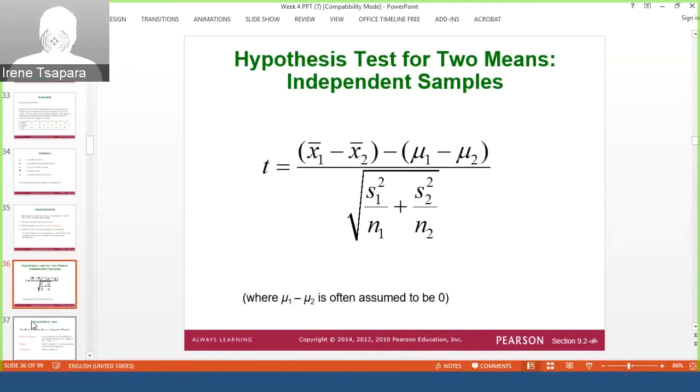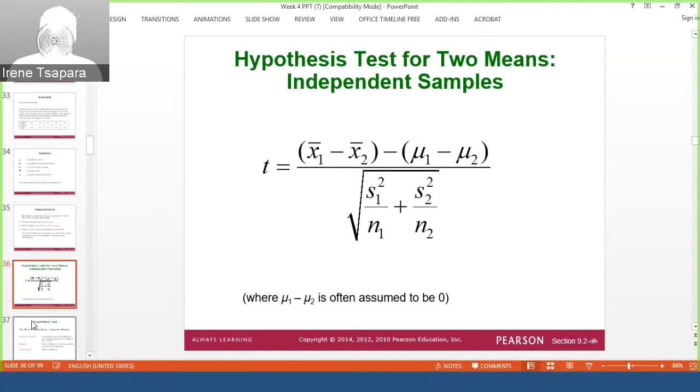The hypothesis test for the two means, when I use that with the t-score, I use the square root of the standard deviation for each one of the samples. It is possible, and sometimes I do it, to use the pooled standard deviation.